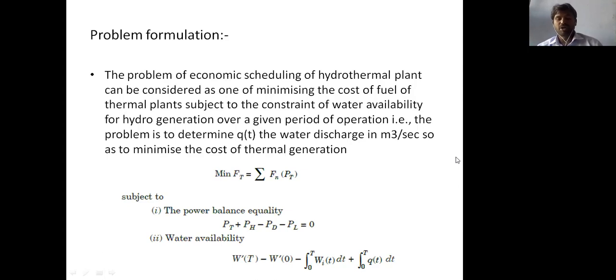W of t is the water storage in the reservoir at the end and beginning of the time period. And the third constraint, the hydro generation Pgh of t is a function of hydro discharge and water storage.